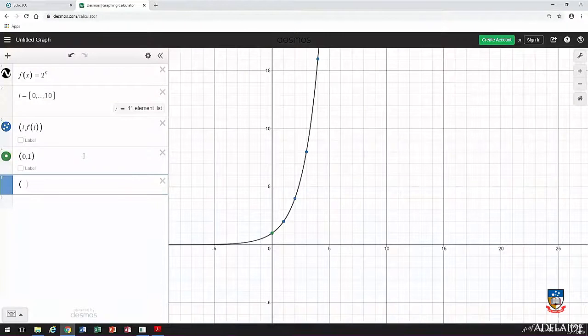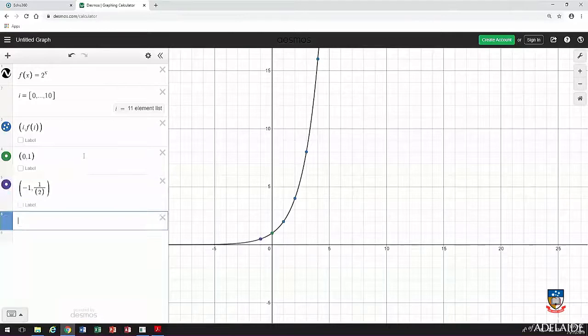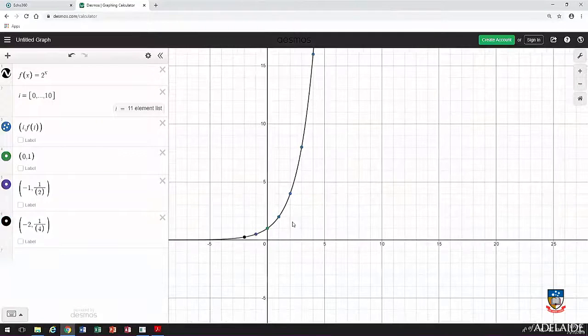So if we go back 1, we should divide by 2 to get a half. And if we go back another 1, we should divide by 2 again to get a quarter. And yes, those are the points that are there. So if we go backwards, we should be dividing by 2. If we go forwards, we multiply by 2.